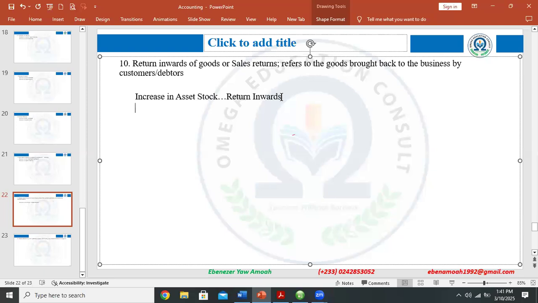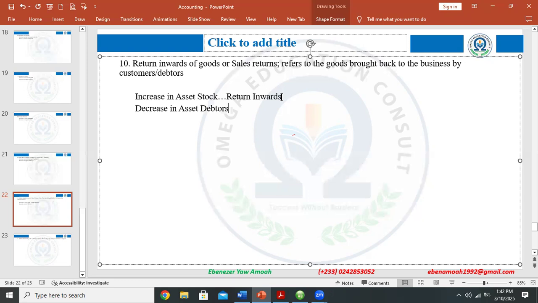So there is no return inwards when you have settled with cash or bank, right? So mostly it happens when the person didn't pay or would pay later. So there's going to be a decrease in that debtor's value because the debtor will no more owe us the initial value we supplied. So there will be a decrease in assets, and that's the debtor, right?